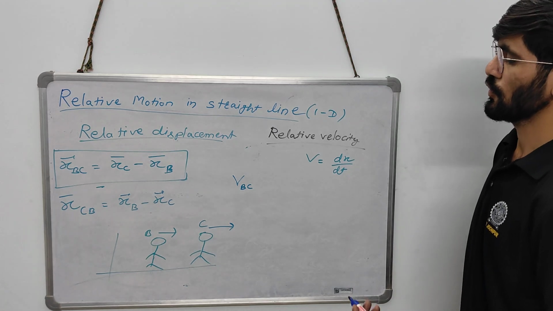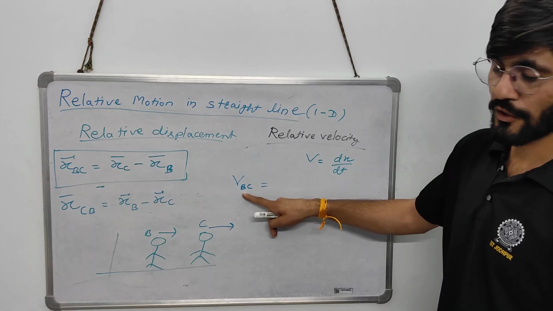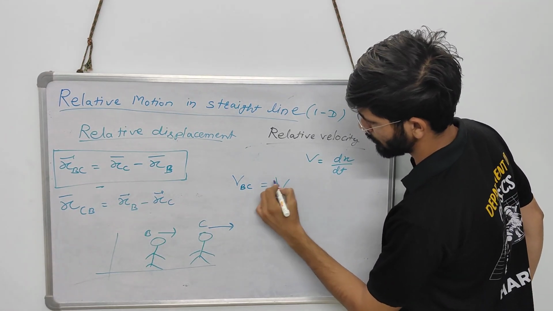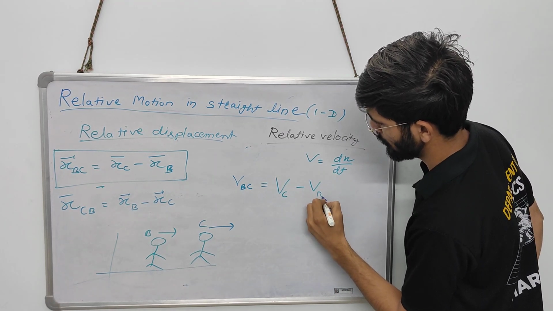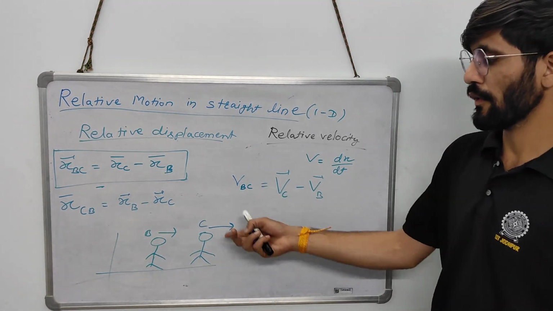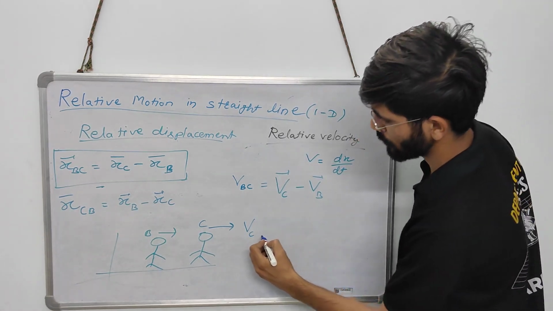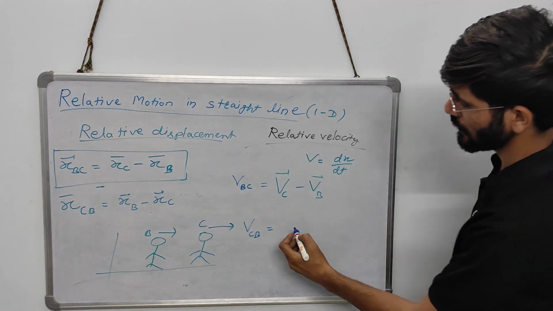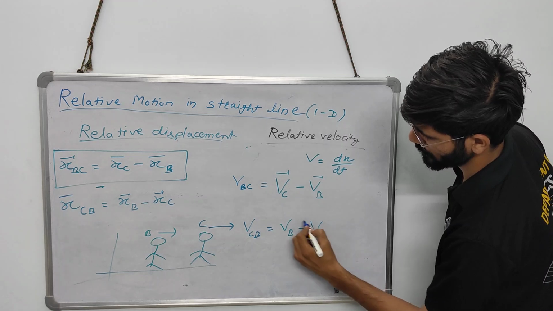From here we can calculate the velocity of B with respect to C. So velocity of B with respect to C is equal to velocity of C minus velocity of B. And the velocity of C with respect to B is the opposite of it, so V of B minus V of C.